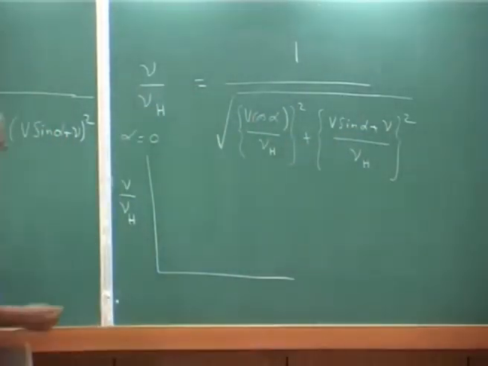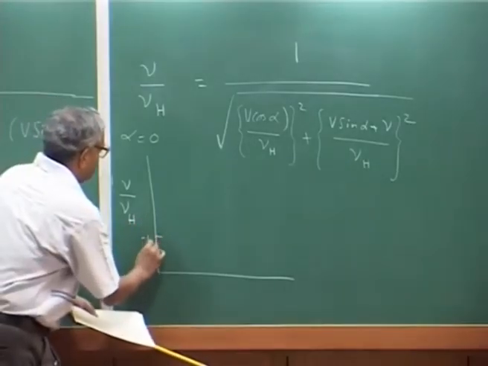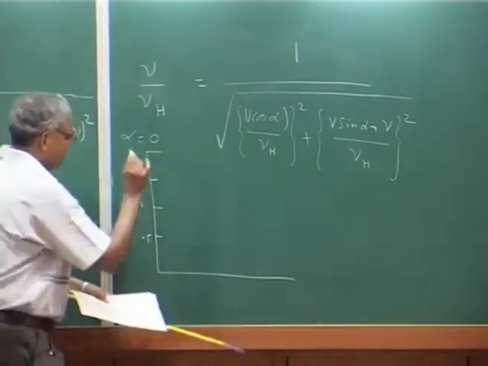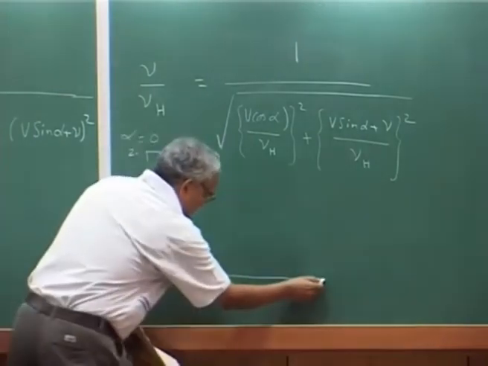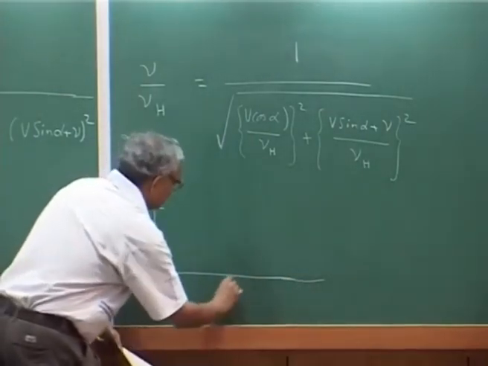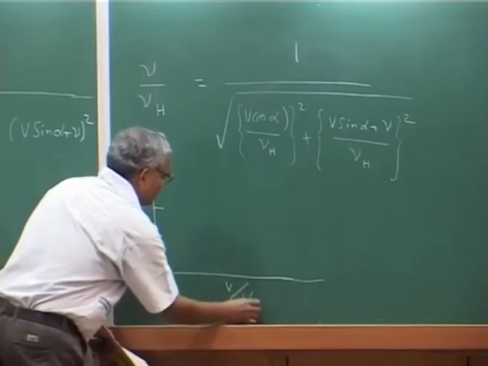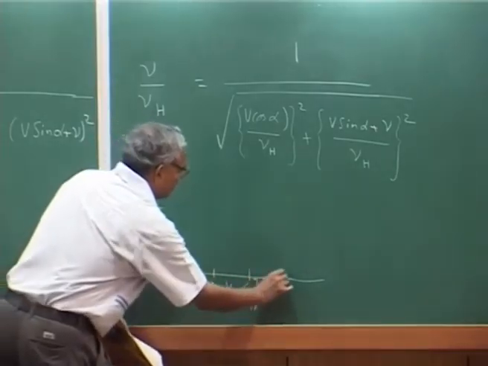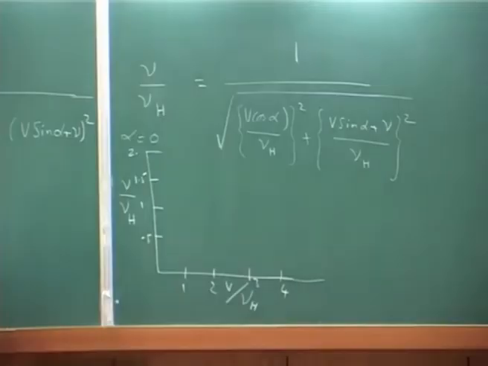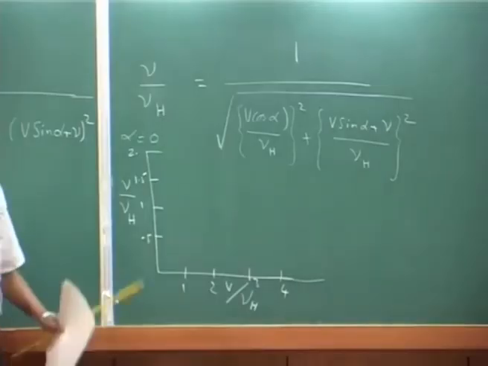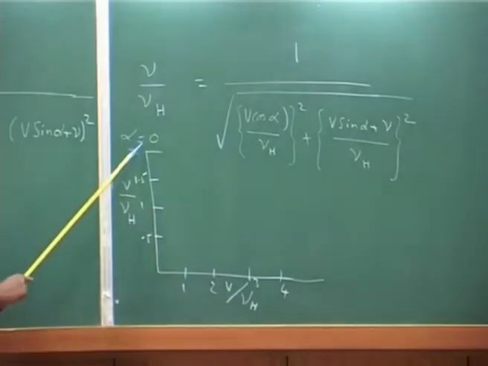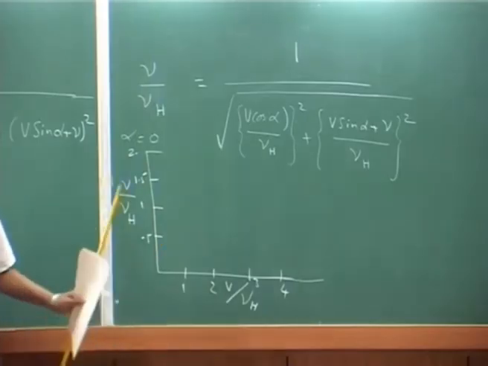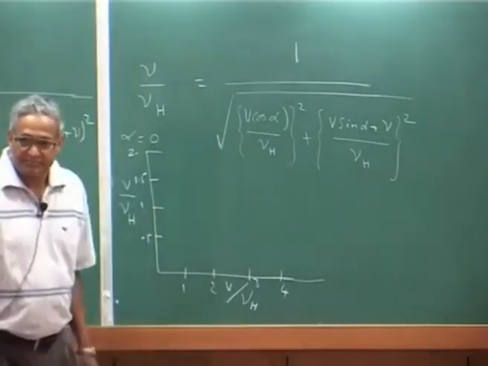Now this curve can be plotted, maybe 0.5, 1, 1.5 and 2, and on the x axis you can have v over nu h, which is 1, 2, 3. So I am just starting for alpha 0 this curve for various values of v over nu h.